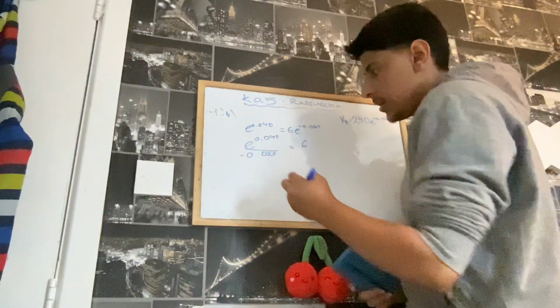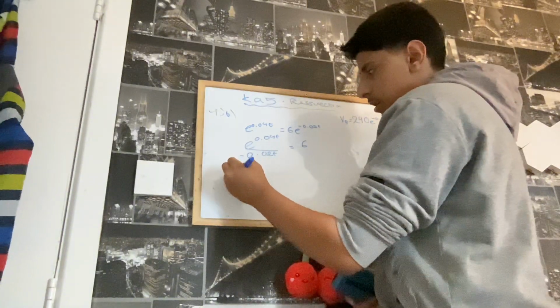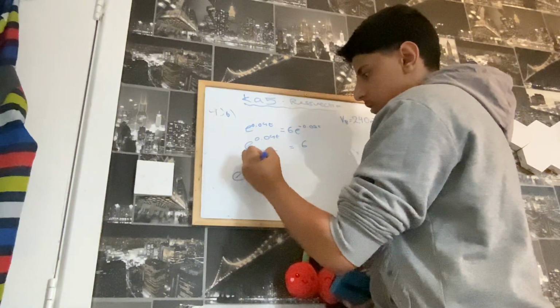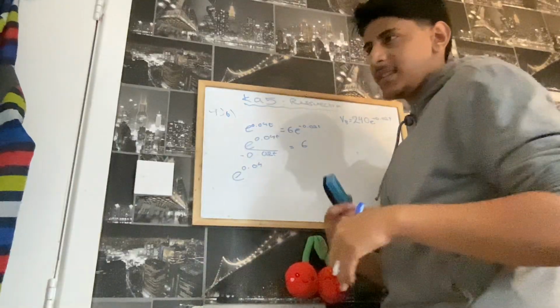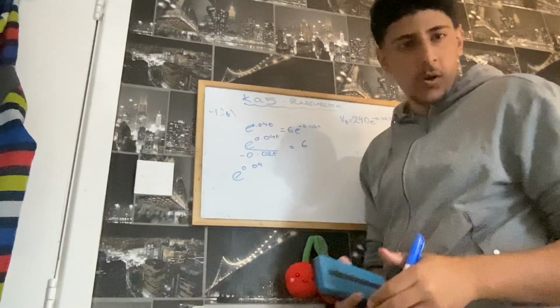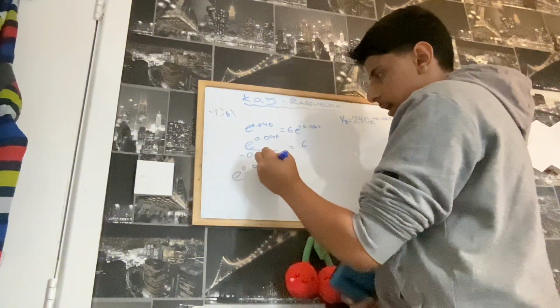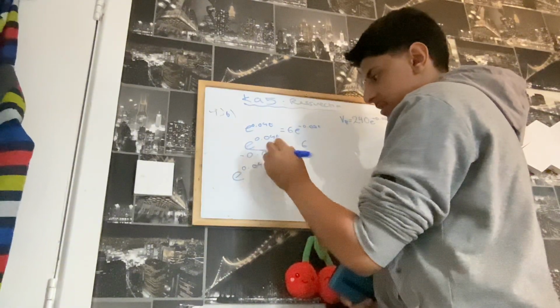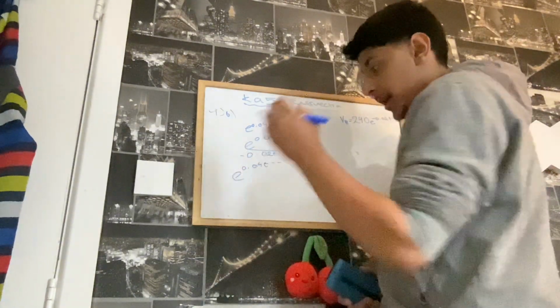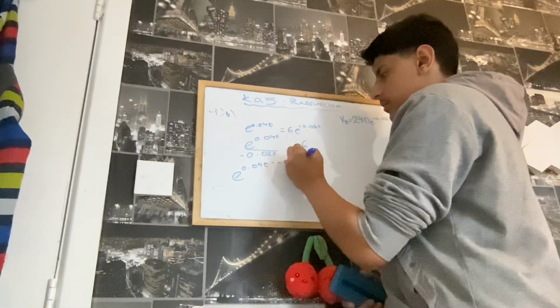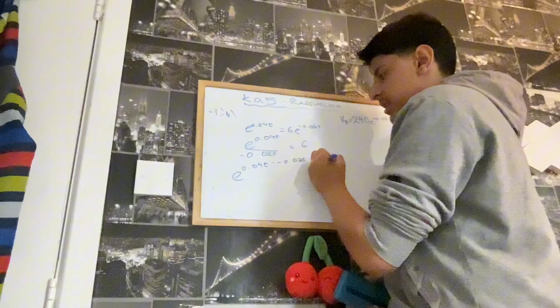So this would technically be e to the power of 0.04t minus, because we divided, minus negative 0.02t, which is equal to 6.